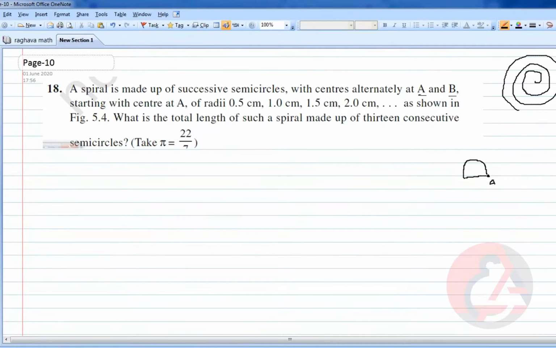So see, this is 0. With this center it started. This is B. So the second semicircle will be like this. The third semicircle will have this one as its center. The third radius is 1.5. 1.5 means this is a whole 1 and this is 0.5. 1.5 centimeter is the radius for the third semicircle.